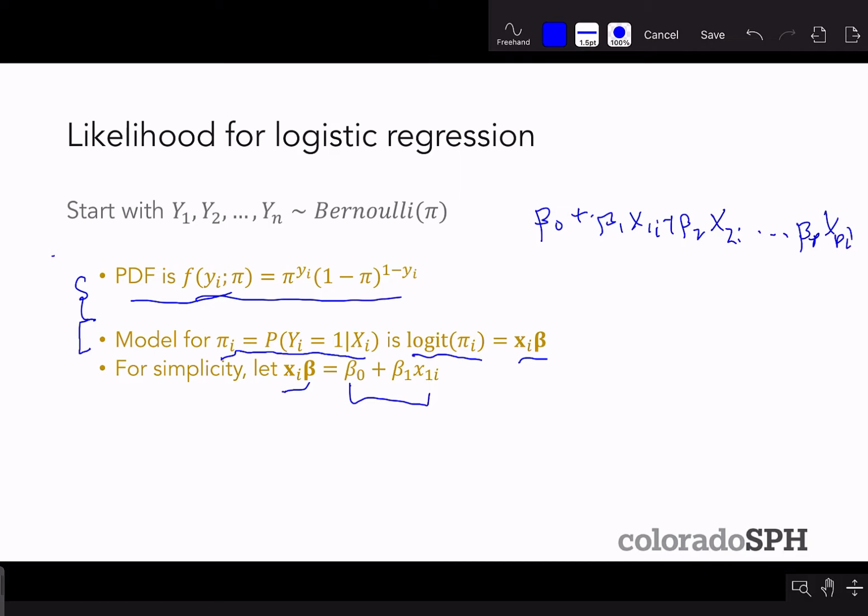Well, you would go about writing this out the same way you would for a regular likelihood, where you have the product from i equals 1 to n of all of the different PDFs, which we can plug in the PDF here.